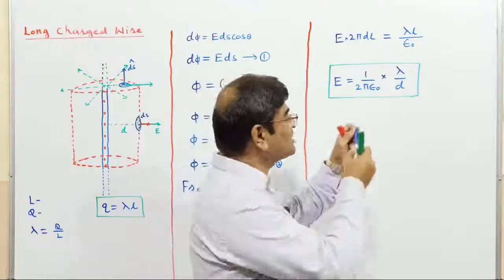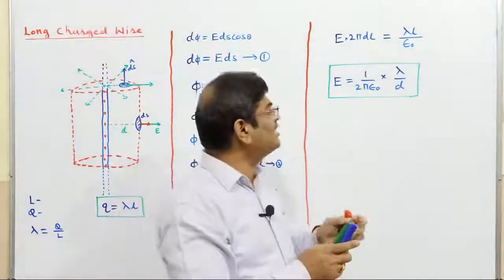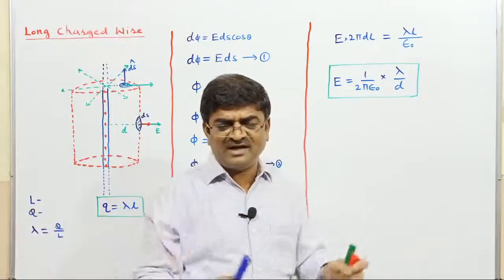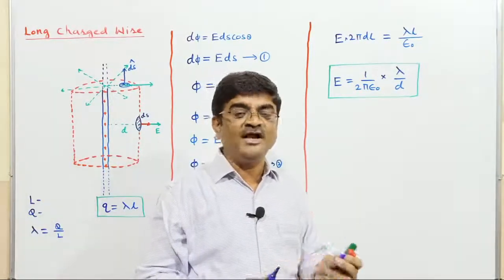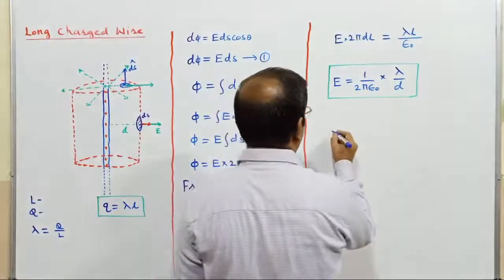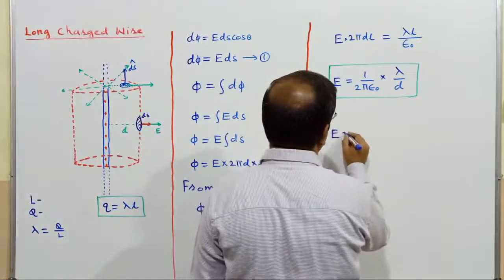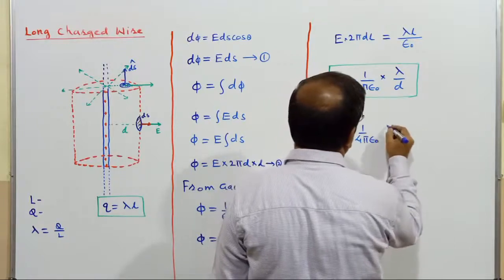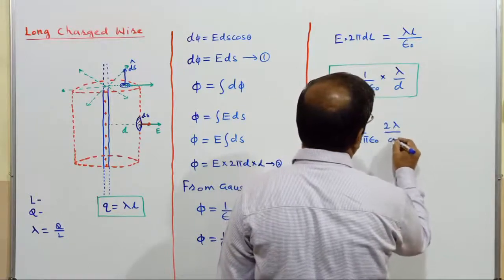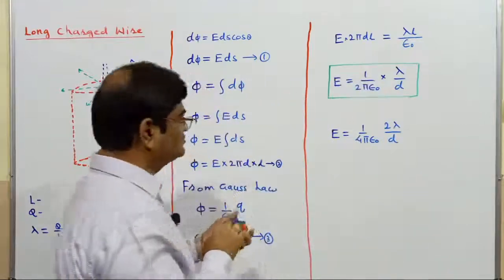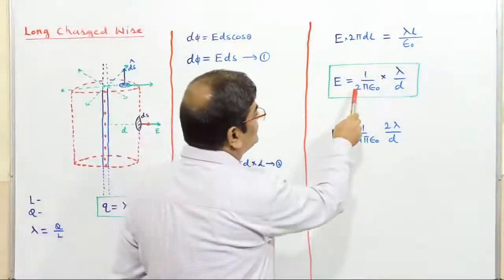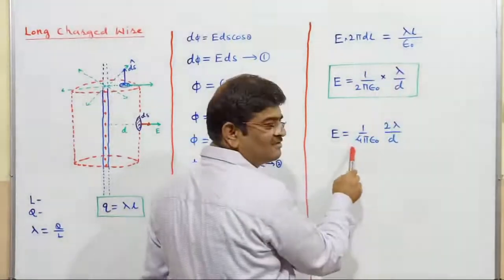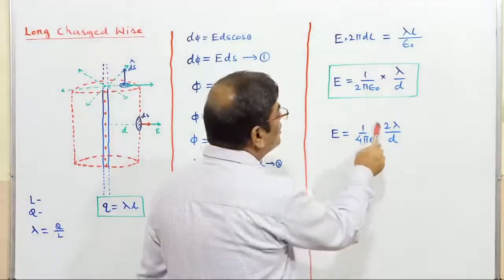So this is the expression, but I don't like this to be written in this fashion. All the equations whatever I get in electrostatics, I would like to have in this pattern. Notice, what do I do? E equals 1 upon 4 pi epsilon 0 into 2 lambda by d. Notice what I have done? Multiplied by 2 and divided by 2. So what is the intention?